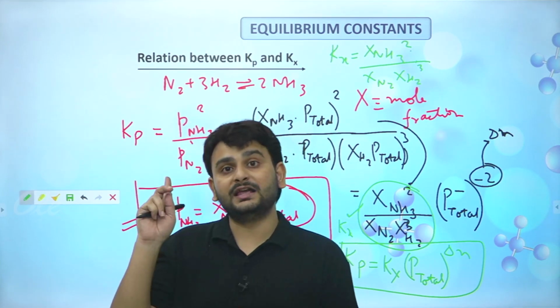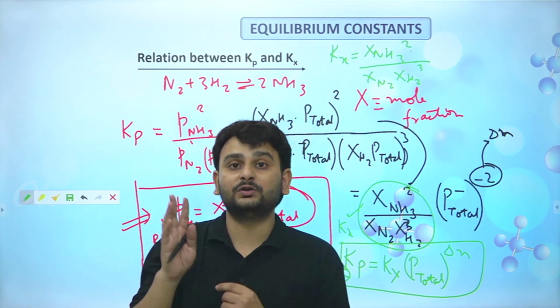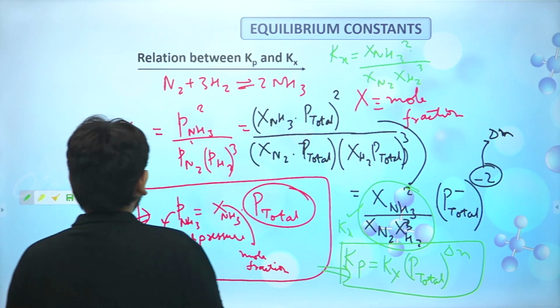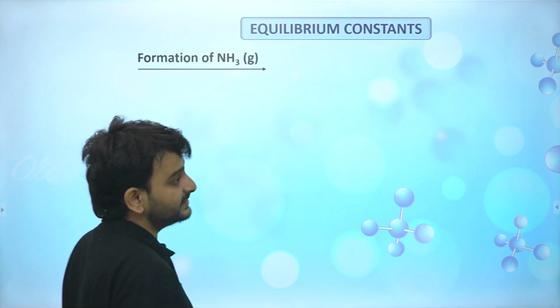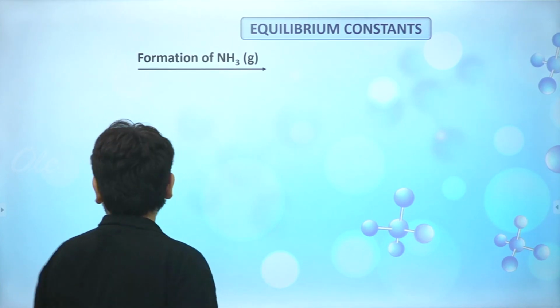For example, in the Haber's process, I showed you the formation of NH3. For this slide, I showed you how it came out to be something like this.